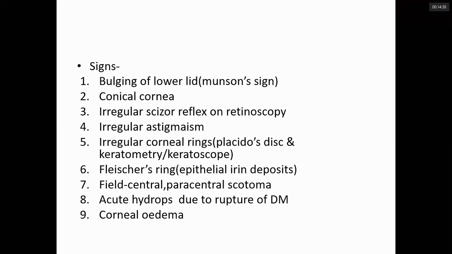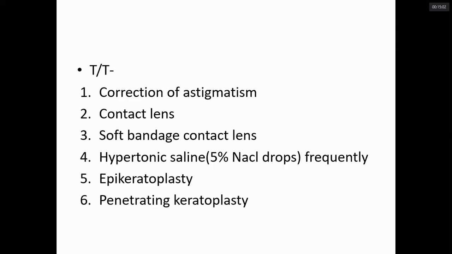You can see Fleischer rings, epithelial iron deposits. There is field loss also. A central or paracentral scotoma will be seen in the field. And acute hydrops occurs due to rupture of Descemet's membrane, and the cornea will be edematous. These are the clinical features and signs of keratoconus.